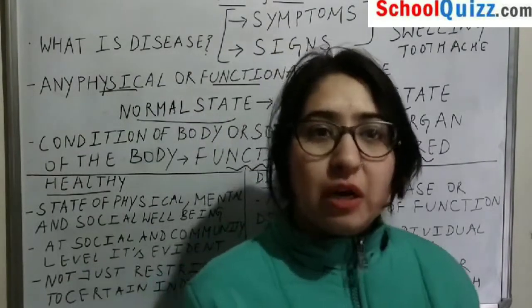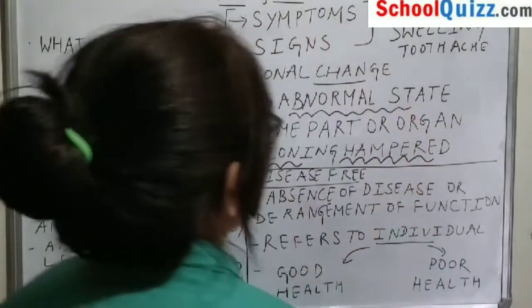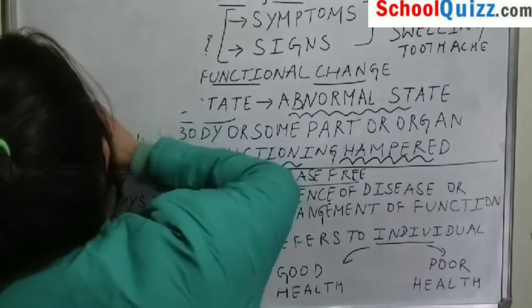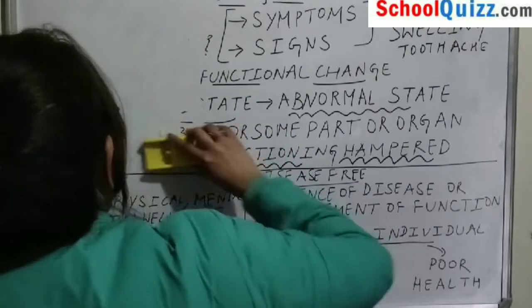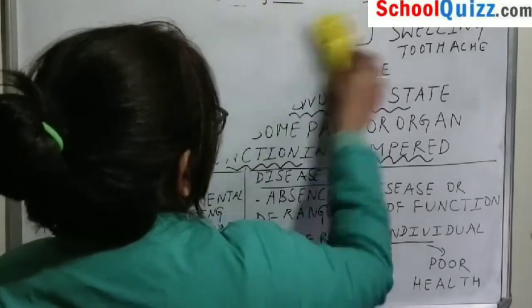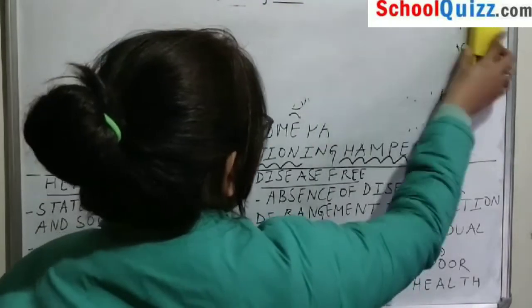Okay, so these are two things which help us get to know whether a person is diseased or not. So it will be identified with the symptoms and the signs of that particular disorder.